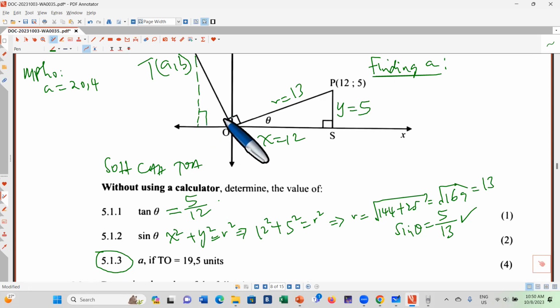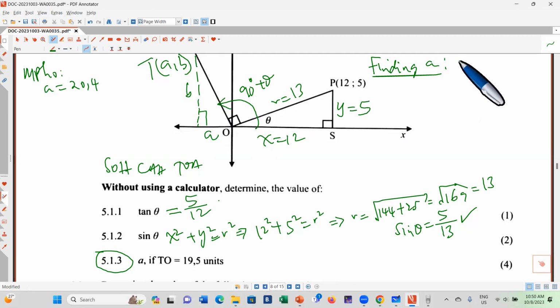And then this angle here is theta plus this one is 90, so it is 90 degrees plus theta. So you have the sine or the cosine, depending on the case. But here, this one is x, so x is a and y is b.